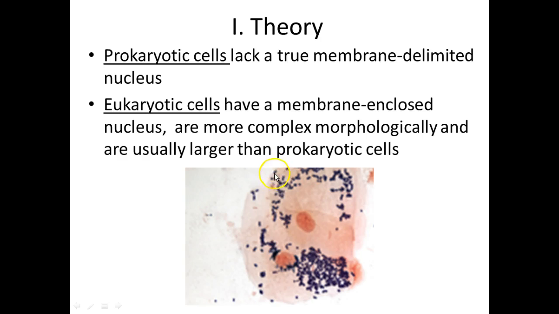And you can see the epithelial, and those of you in A and P, squamous epithelial cell. Remember that? They look like fried eggs. They're spread out. And here's the nucleus, and there's the cytoplasm. And you can see the border, the membrane of that cell.